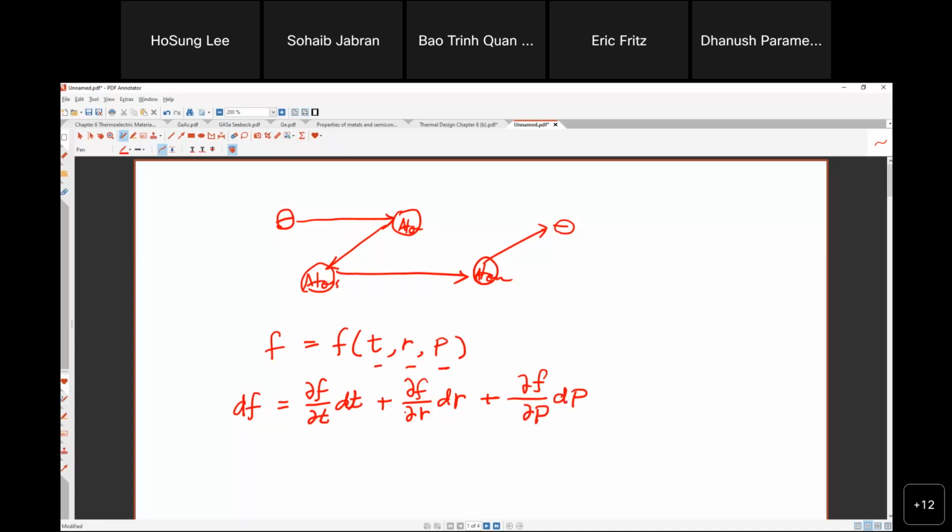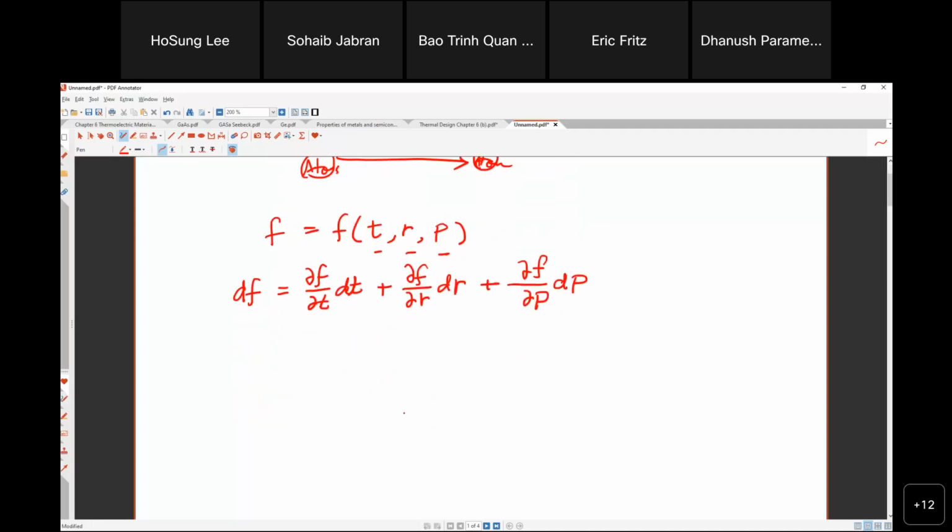So we try to describe the distribution in terms of equations. So divide by dt. This d is the total differential.